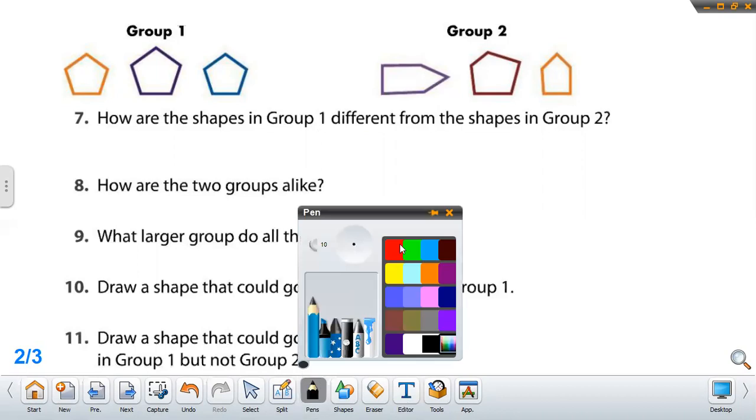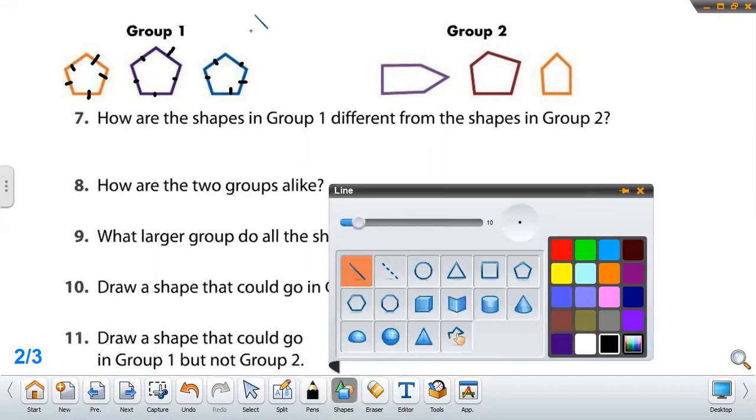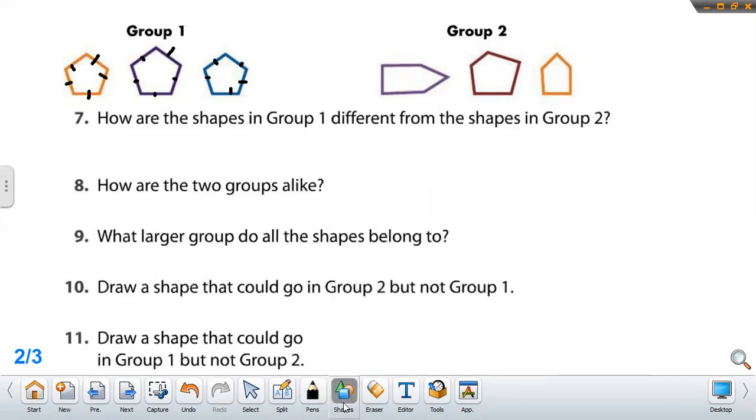Also 1, 2, 3, 4, 5. Also 1, 2, 3, 4, 5. Also 5 here, and here also 5. But what is the difference?